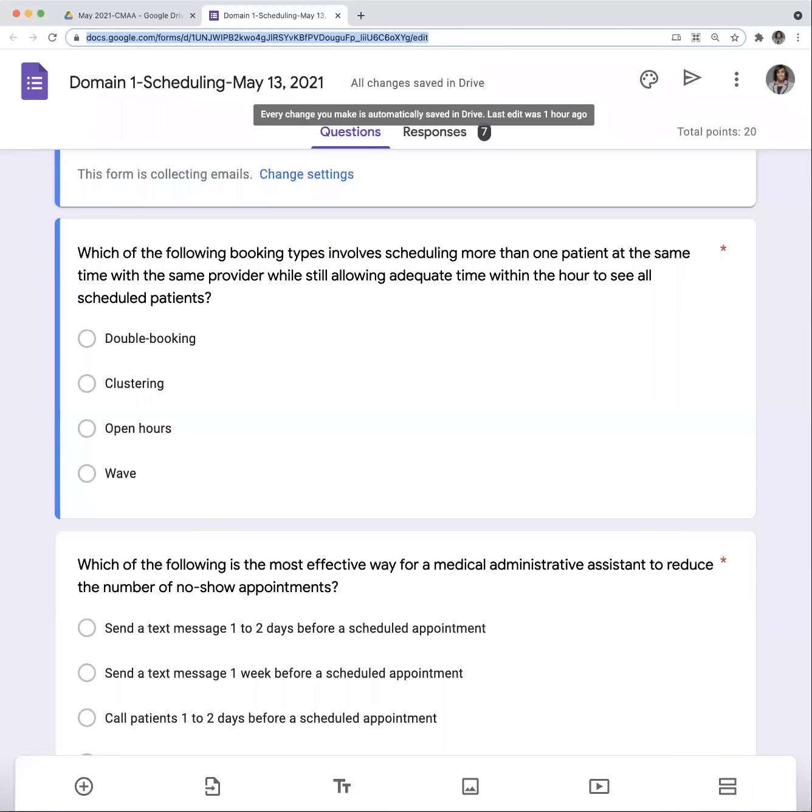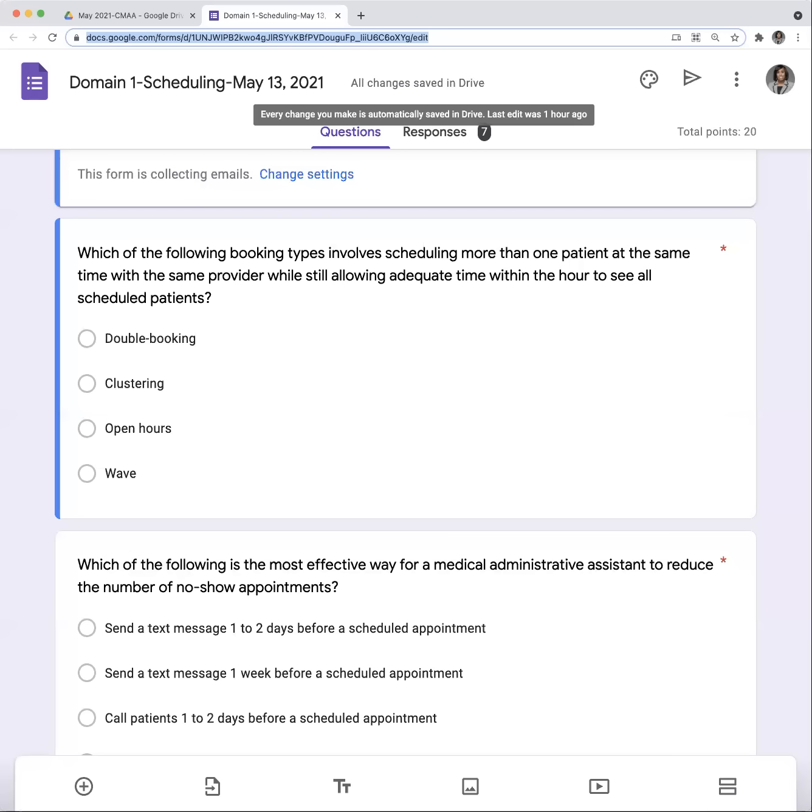Which of the following booking types involve scheduling more than one patient at a time with the same provider? Wave. Are you sure? Clustering. Double booking? So more than one patient at the same time with the same provider.